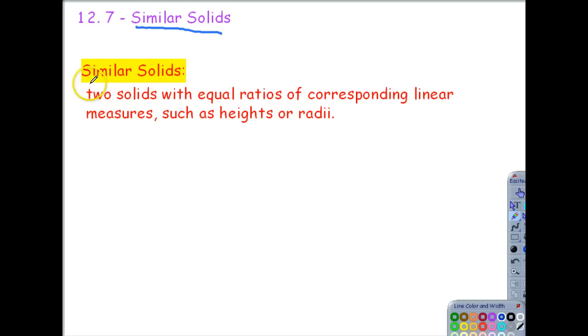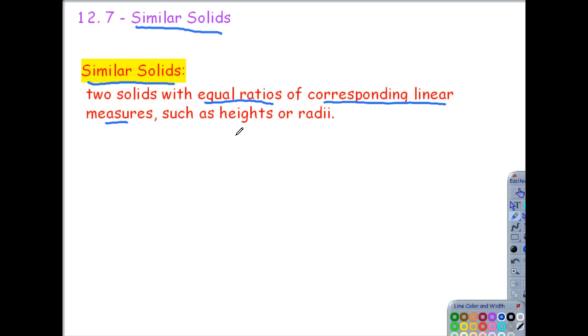Now, I know you know what similarity means, but similar solids basically means the two solids will have equal ratios of corresponding linear measures, which includes heights or radii or corresponding sides. You're going to compare two solids, but we wouldn't want to compare a cylinder to a pyramid, because they're not the same type of solid.